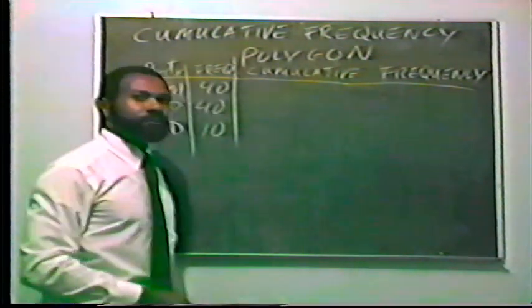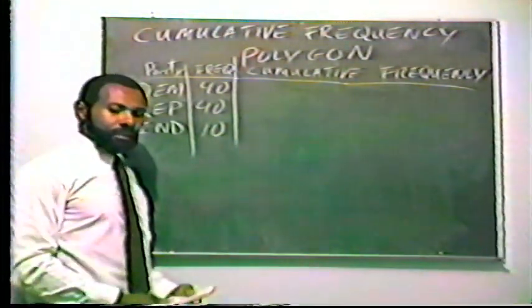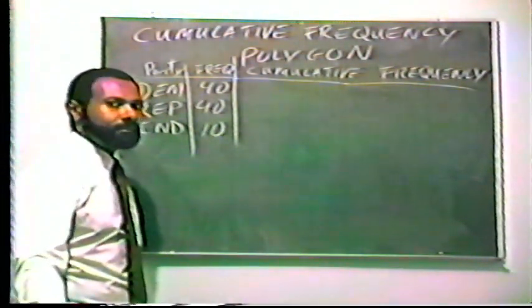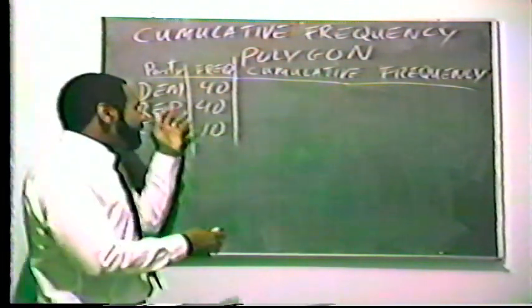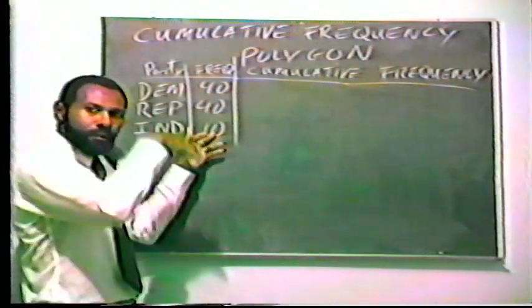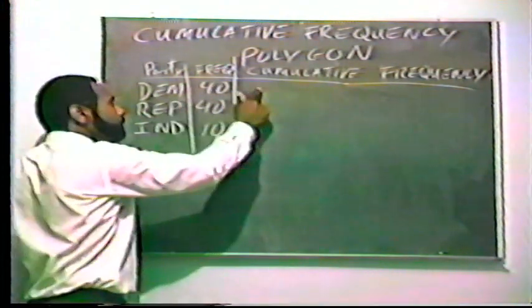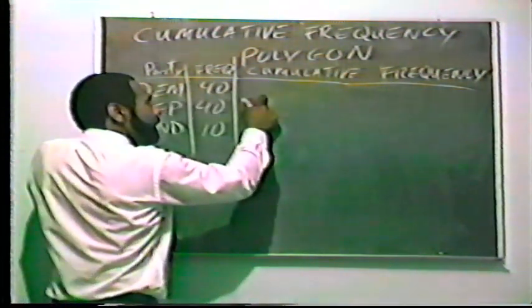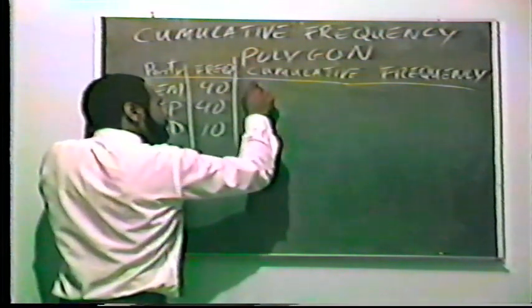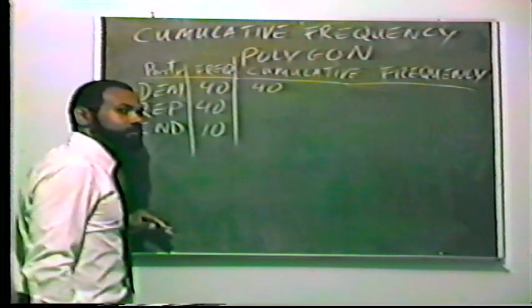Now for the cumulative frequency column, we combine these frequencies as we go further down in the table. For example, up to this point, in the first row, the cumulative frequency is 40.